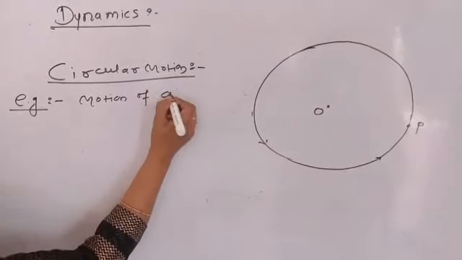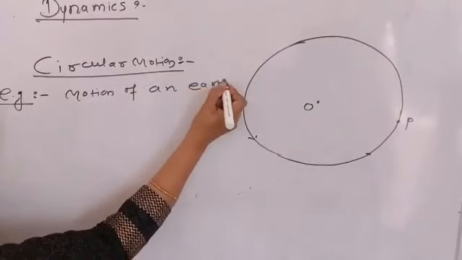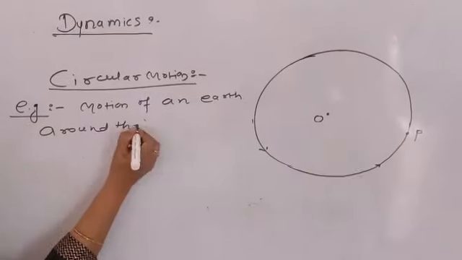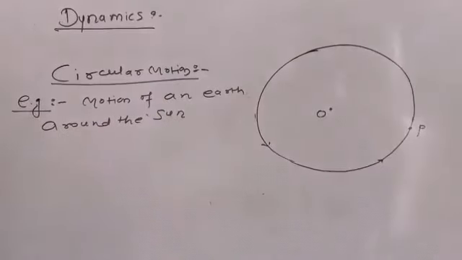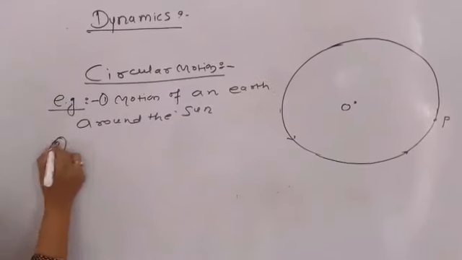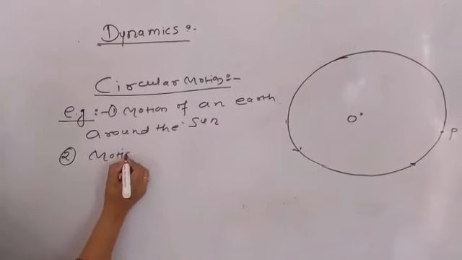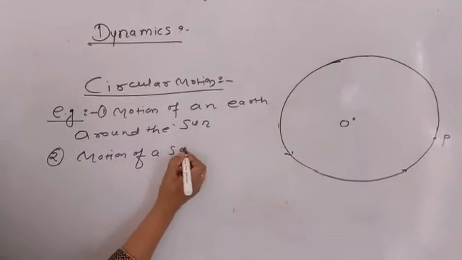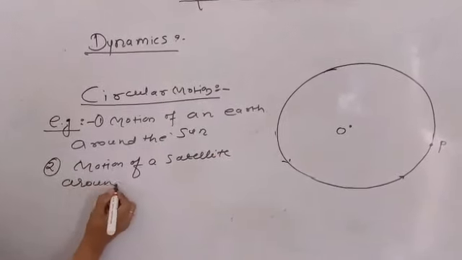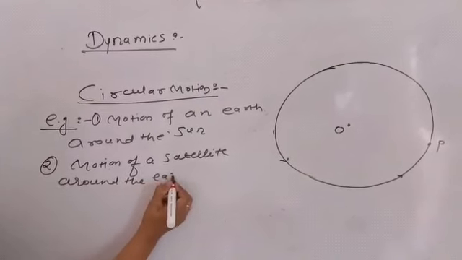For example, the motion of the earth around the sun. This is one of the circular motions. Motion of a satellite around the earth.